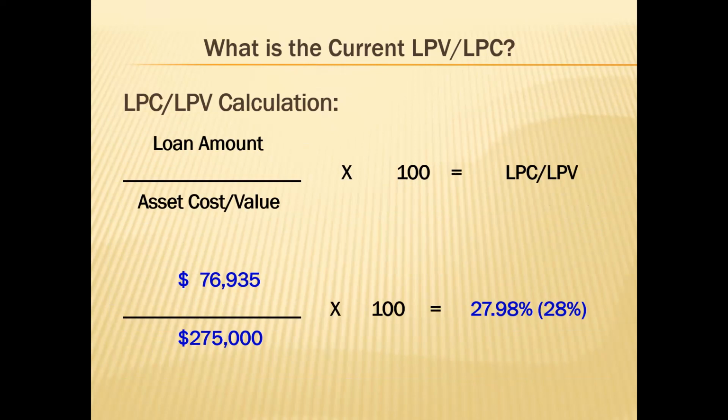This is very low, and that's because two things have happened. The loan has been in existence for 16 years, and the value of the property itself has appreciated because of things that they have done to improve it, plus some other factors causing the value of the property to go up. So this is a very good position to be in as a borrower. Any questions on that?